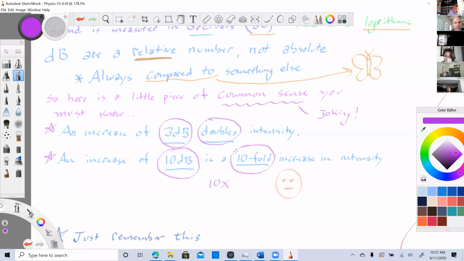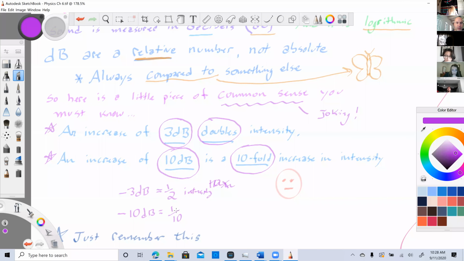a -3 is equal to half intensity. And a -10 decibels is equal to 1/10, because it was a 10-fold increase.